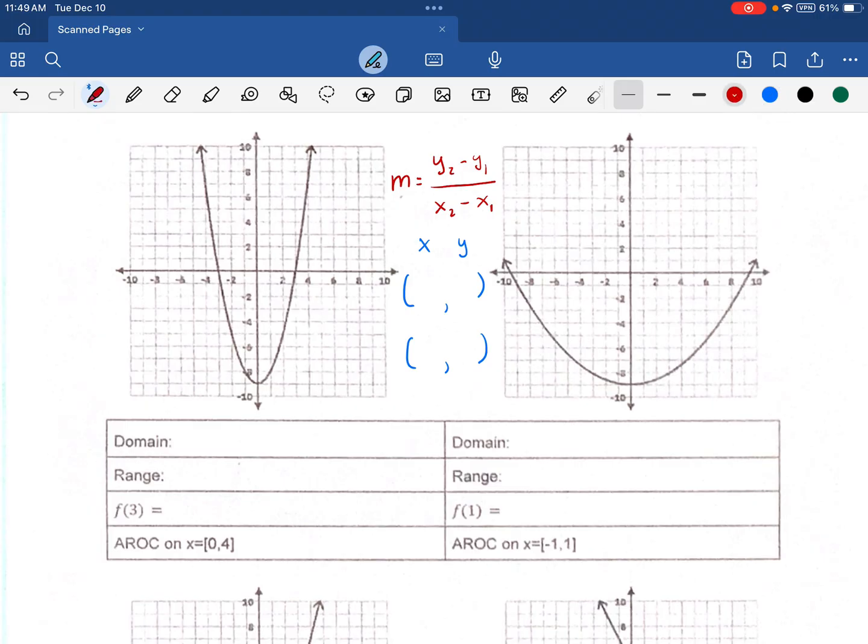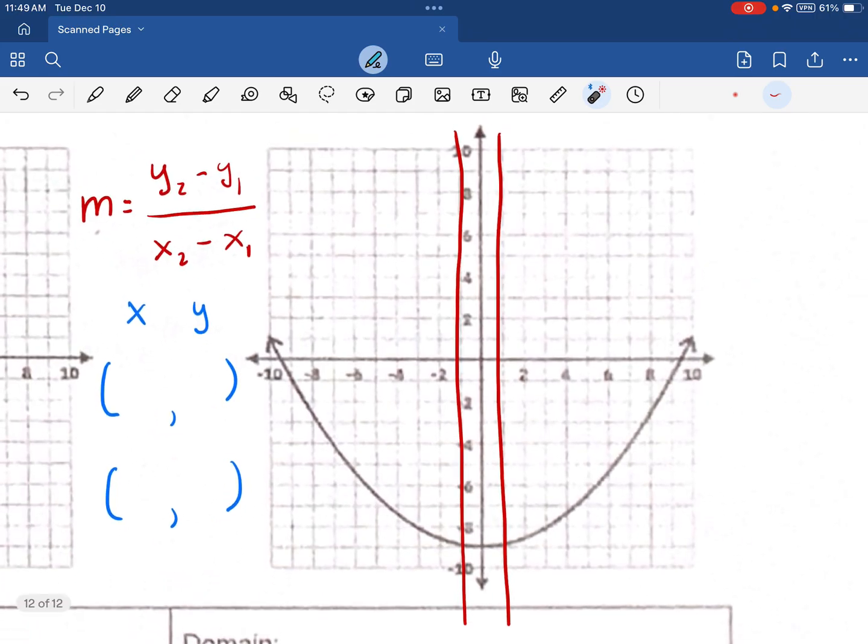Now let's find where x is -1. Here's where x is -1. Let's draw another slice there. So now we have set up the interval of where x is -1 to 1.